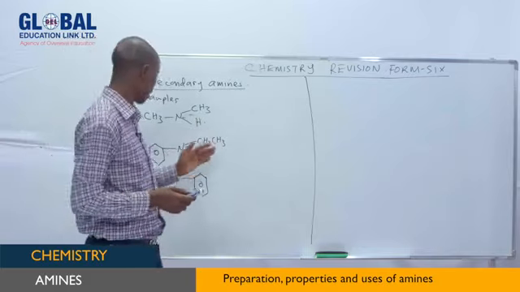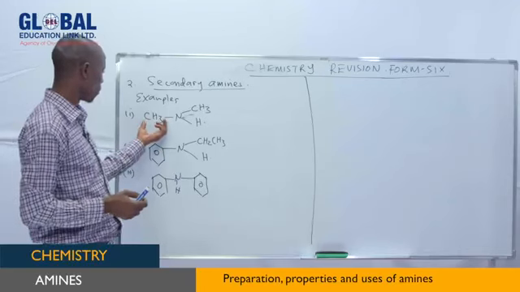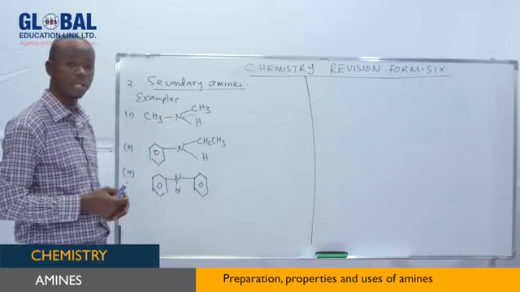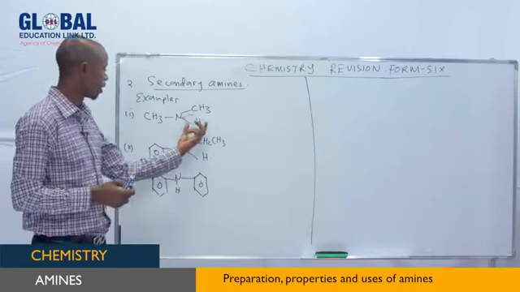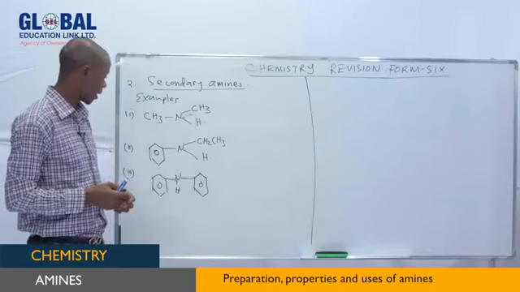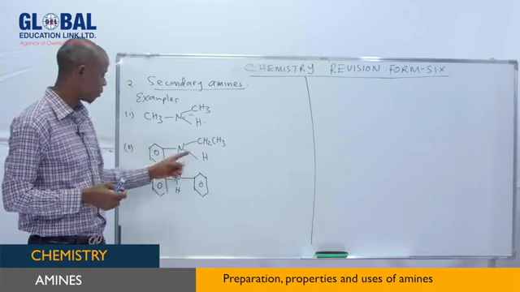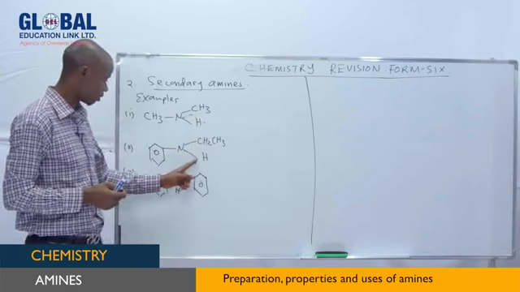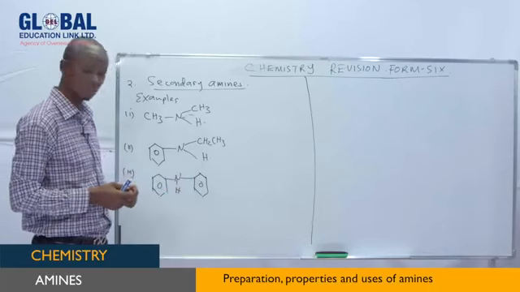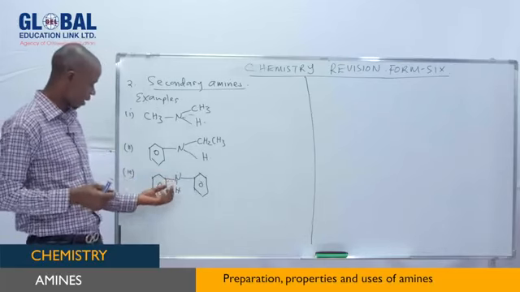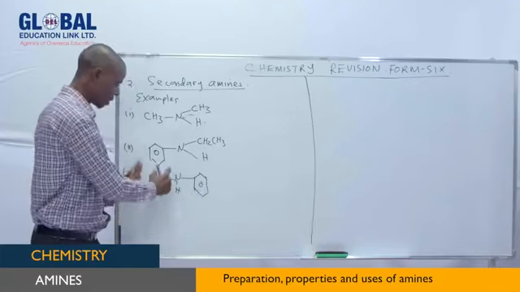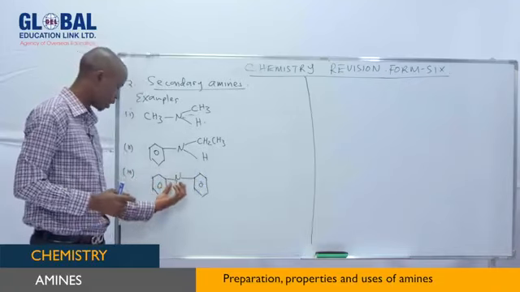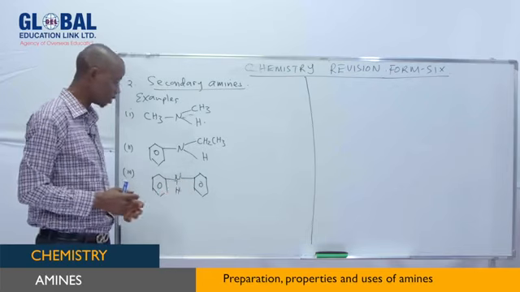Now, from here, you can see there is 1 methyl group and another methyl, so 2 methyl groups are present on the nitrogen atom. There is only 1 hydrogen atom. And here we have an aryl group and another alkyl group. There is only 1 hydrogen atom. For this case also, we have 2 aryl groups, phenyl groups, bonded to the nitrogen atom. There is only 1 hydrogen atom.